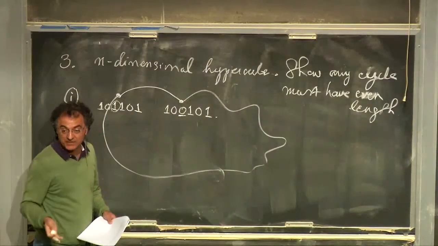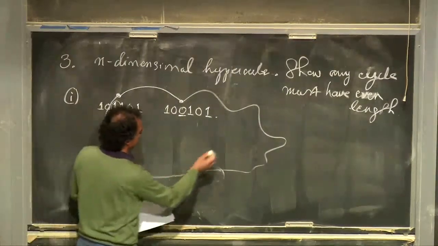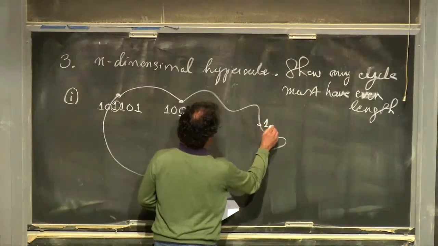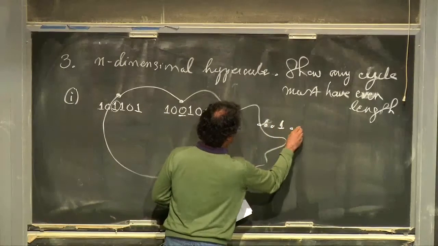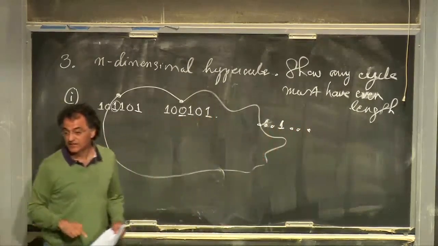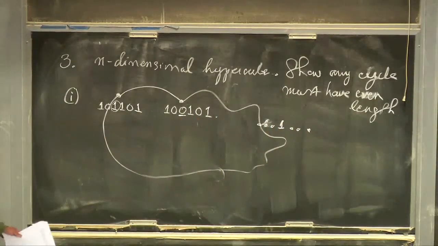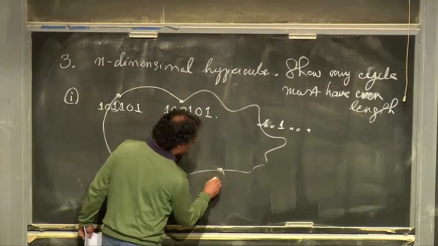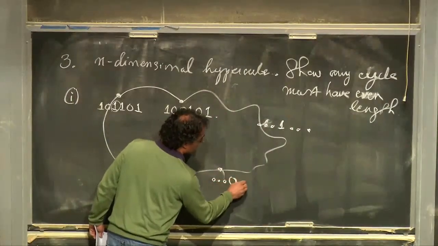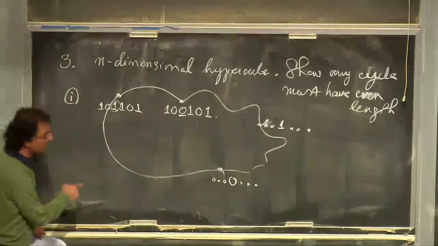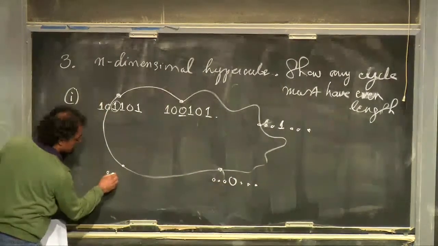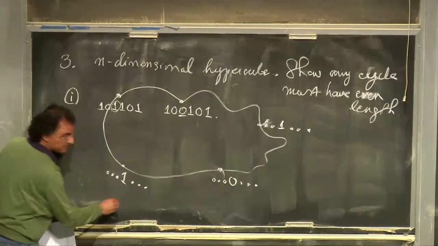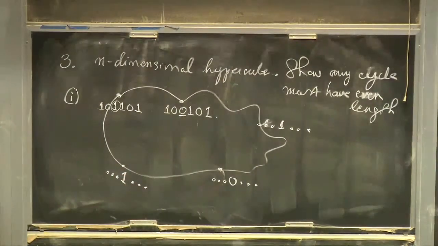Well, it might become a 1 again, and then maybe it became a 0 again. But then it has to become a 1 again because it can't come back here otherwise. Okay, so how many times does this bit flip?